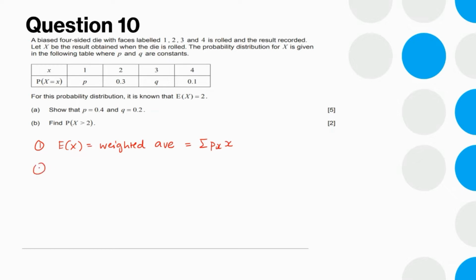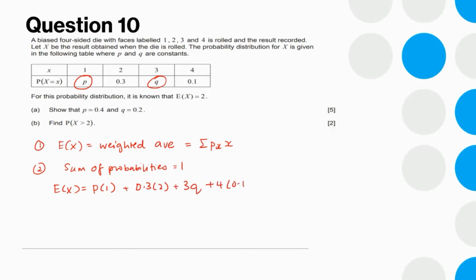Then the second concept you have to apply here is that the sum of probabilities is equal to 1. So hence you can form two equations because there are two unknowns P and Q here. First, expected value E of X is P times 1 plus 0.3 times 2 plus 3 times Q plus 4 times 0.1.